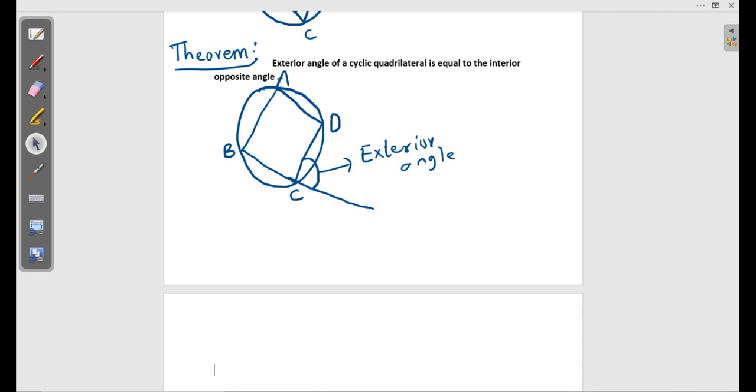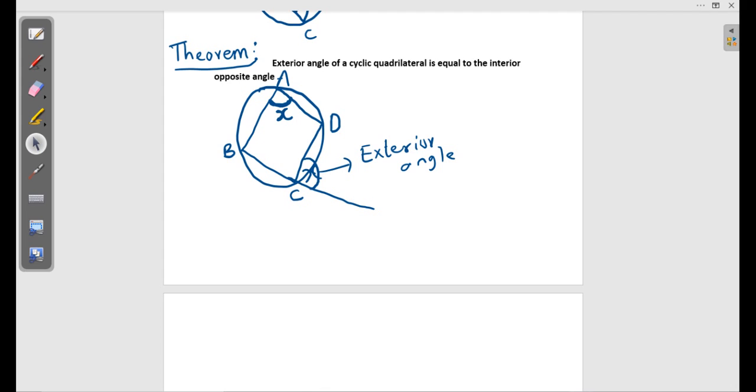Let's label it as X. The interior to this exterior is this place. Where is the angle opposite this particular interior? It is this A. So what it means is that here will automatically be X.